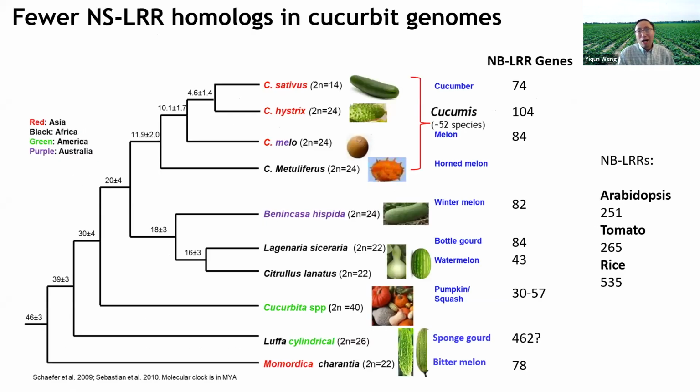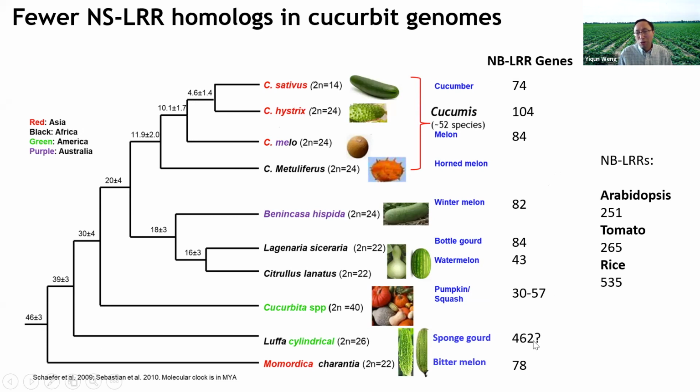Talking about the NLR genes, here is the phylogenetic tree of the Cucurbitaceae. You can see that all the cucurbit species have relatively few NLR genes. In most cases 70 to 80, but in wild species like hystrix, a little bit more.